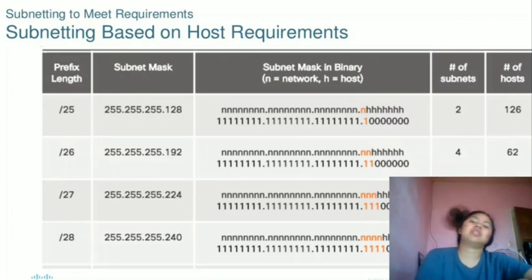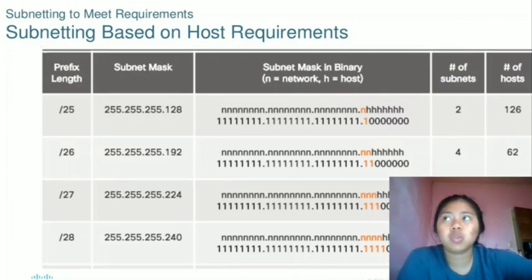So it is times 2, times 2, times 2, times 2, more likely like that. Then the number of hosts is 126.